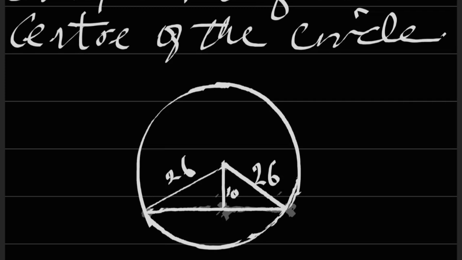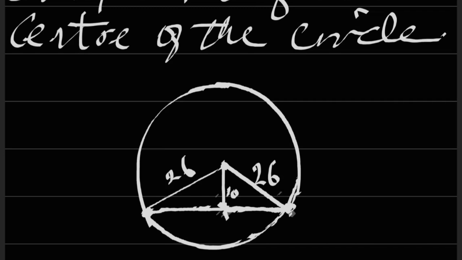We have to find from here to here, because the question said calculate the length of a chord. So we are going to bring out one of these triangles, so that we can calculate from here to here. Once we calculate it, we'll times it by 2. That will give us the complete length, because here to here is half of it. So we just times it by 2. That will give us the entire length of the chord.